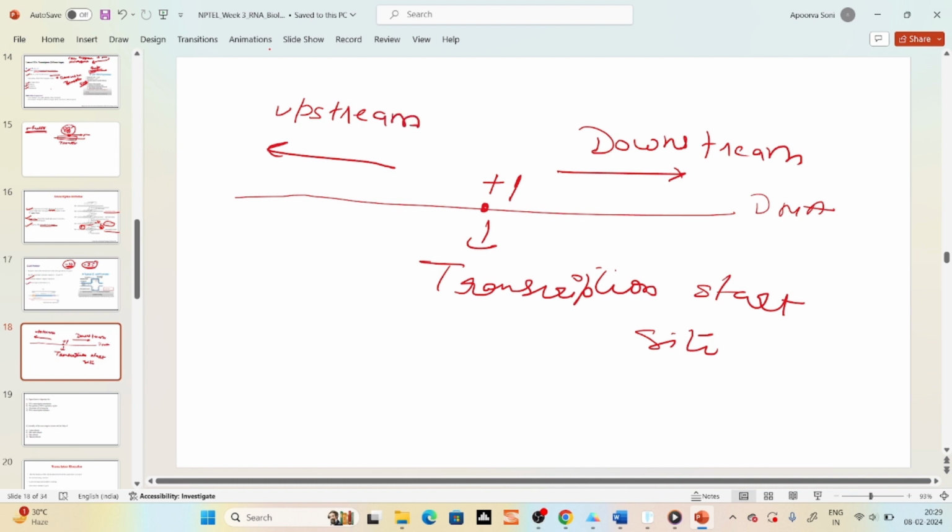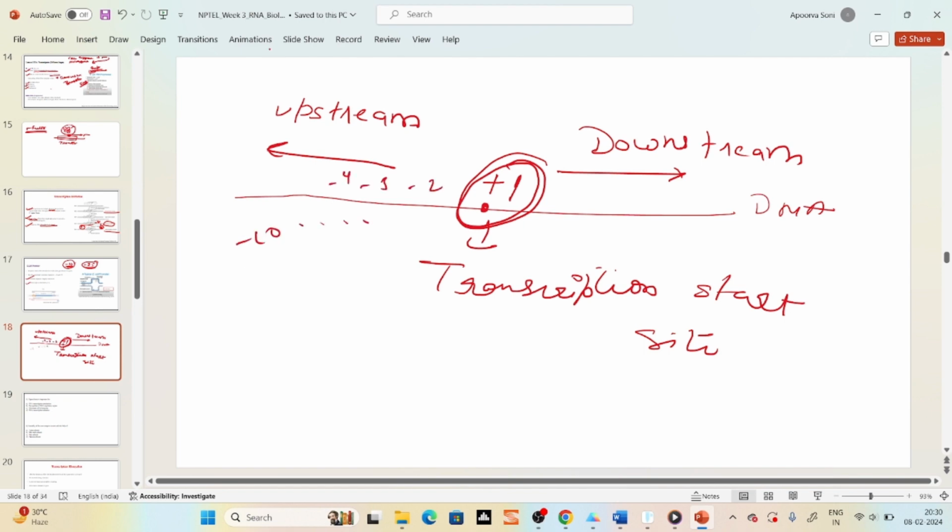Fine. So here you can see that this is the +1. So transcription occurs at the site, the transcription start site, which is denoted as +1, and anything which is before this has a minus, like -2, -3, -4.